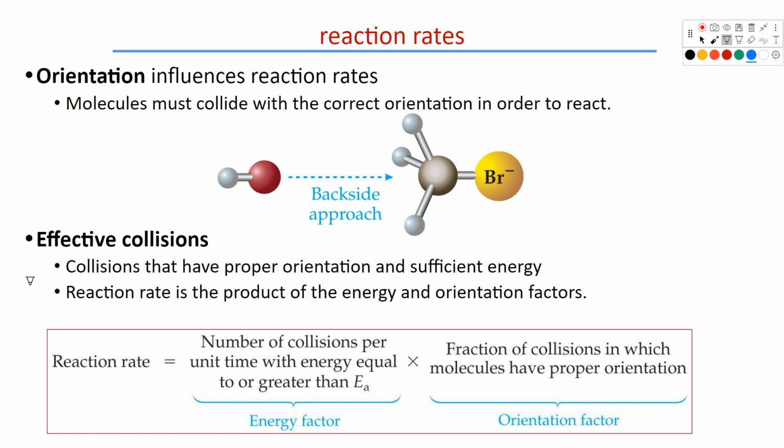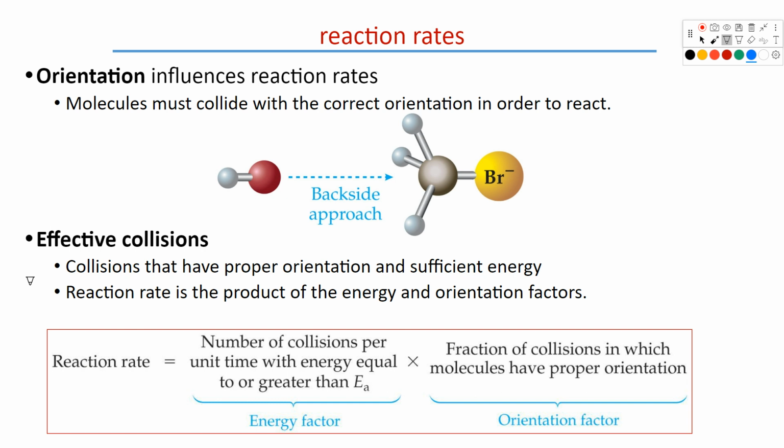Effective collisions are collisions that have both the proper orientation and enough energy. They have to have both things in order to have a reaction. So when we talk about reaction rate, and this is the math we're going to be doing very shortly, this is the product of energy and orientation factors.